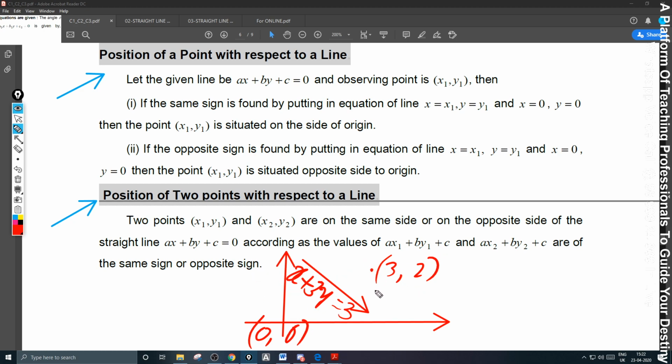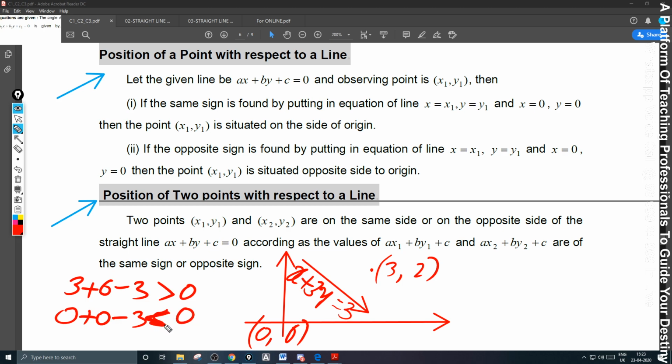Now if you substitute (3, 2) here, 3 plus 6 minus 3, it is positive. Substitute (0, 0) here, 0 plus 0 minus 3, it is less than 0. Just check it out.